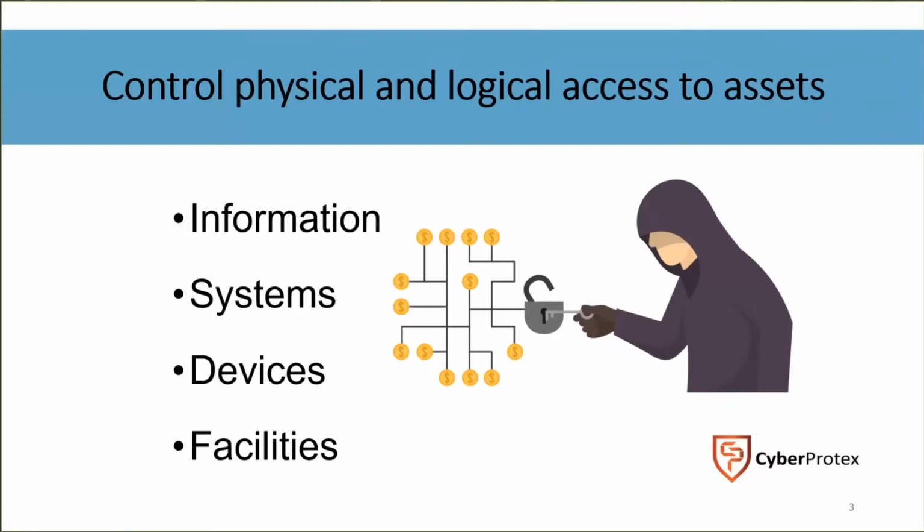And I say that because a lot of times people overlook how important that physical access control is. So let's take a look at that before we jump into talking more about the information assets, the different systems that we have, and the different devices that we have. So with some of the physical components in the access control, you may refer back to the holy trinity of information security.